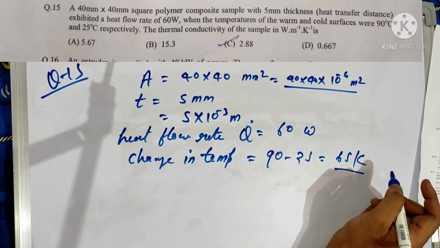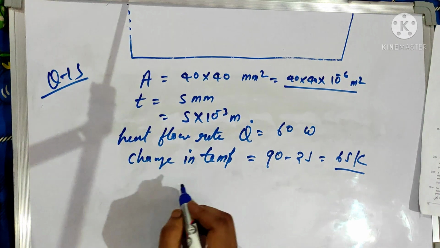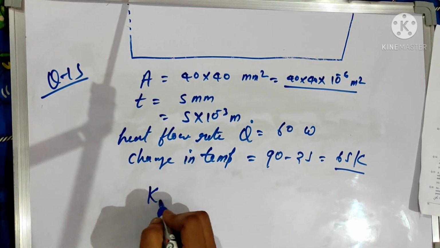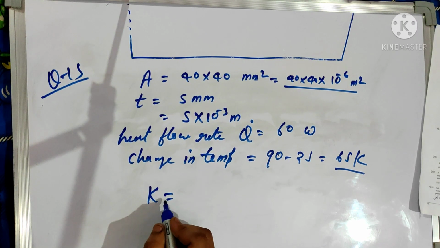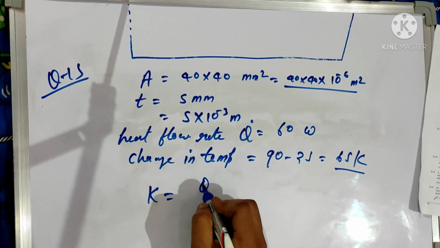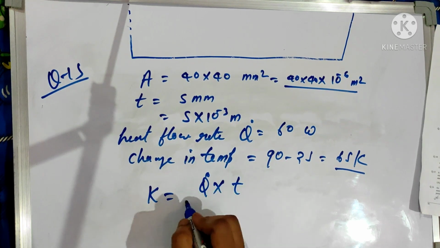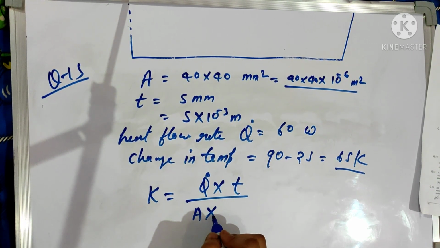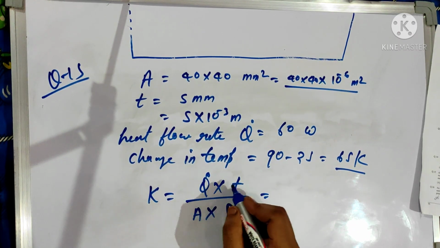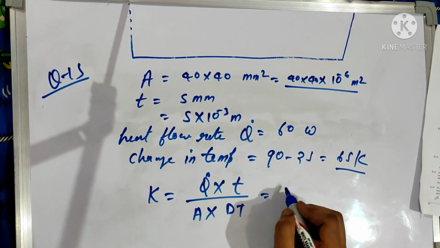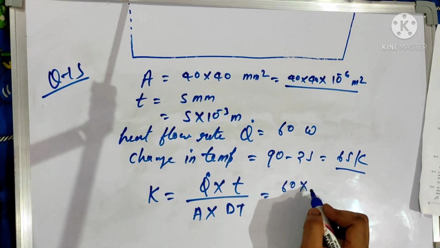The thermal conductivity of the polymer is denoted by K. So the thermal conductivity of the polymer is given by heat flow rate into thickness of polymer divided by cross sectional area of polymer into change in temperature. Then put all the values. The heat flow rate given equal 60.